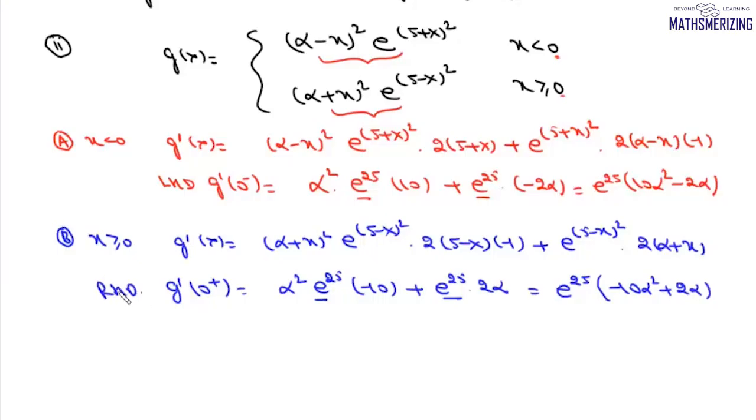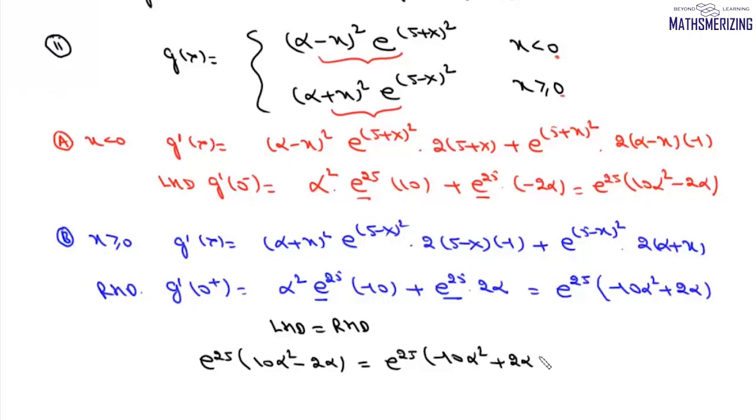Now this function will be differentiable at x equals 0 when left hand derivative is equal to right hand derivative. That is when e to the power 25 into 10 alpha square minus 2 alpha is equal to e to the power 25 into minus 10 alpha square plus 2 alpha.